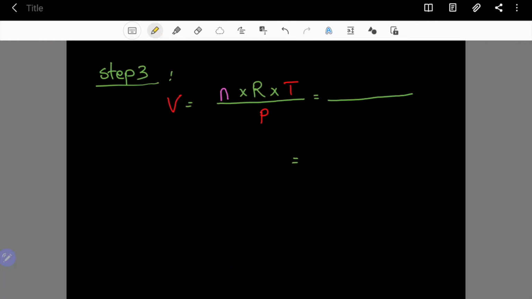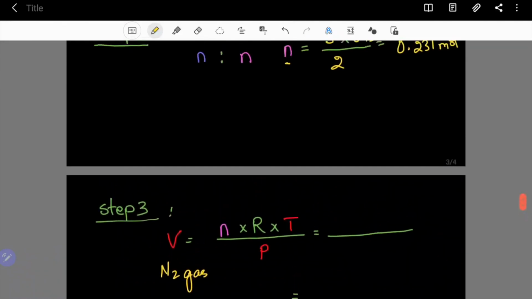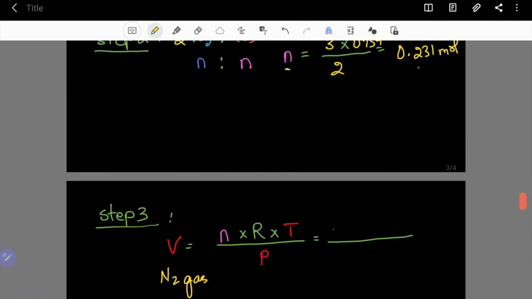So we use the ideal gas equation here. V is the volume of nitrogen gas. You already know n, which is 0.231. R is 8.31. Temperature has to be in Kelvin scale. Pressure has to be in kilopascals.